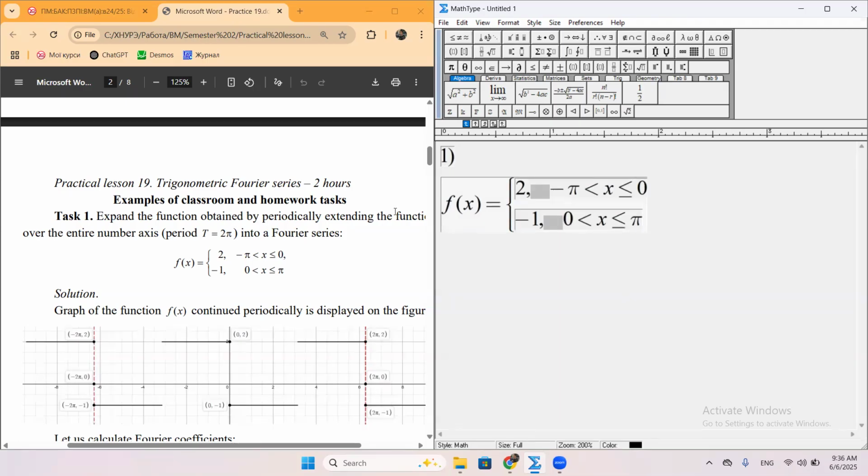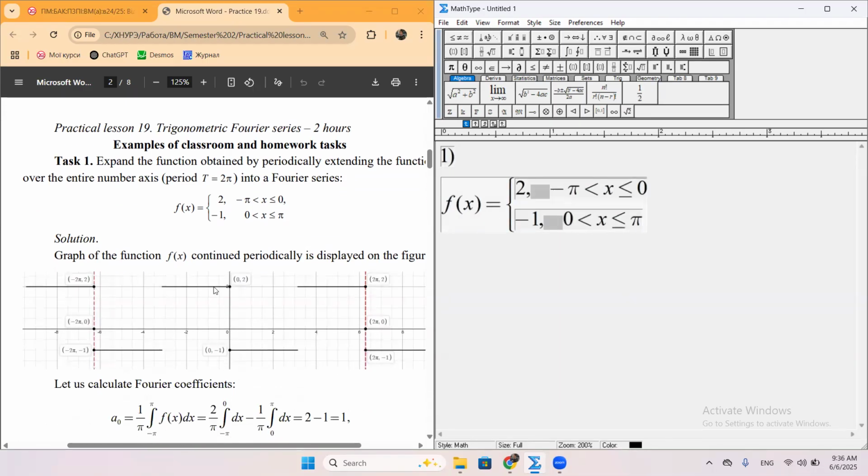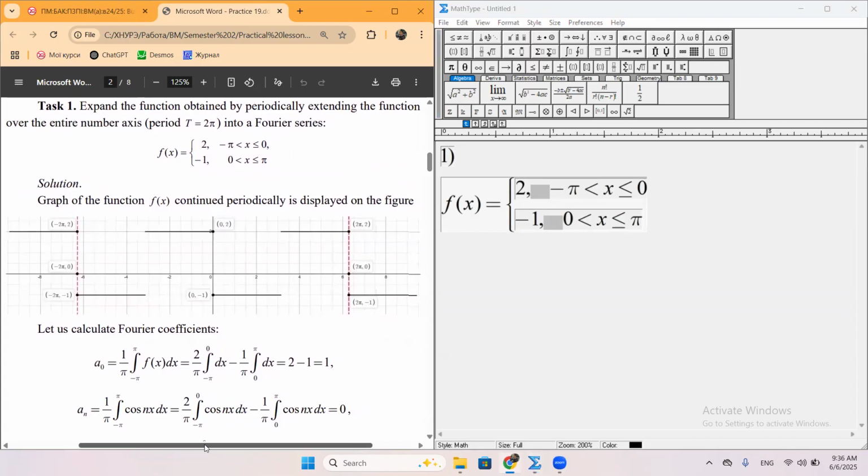So we can see this graph here. We won't plot it now, we will just look at this figure. So this is the graph of the function that is defined by this expression. And then what goes next?